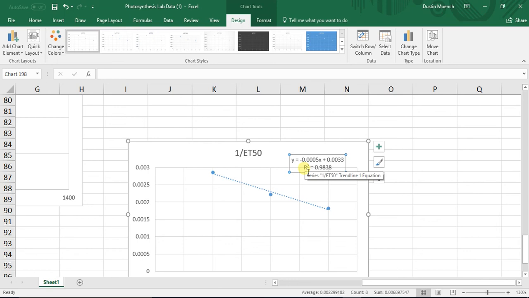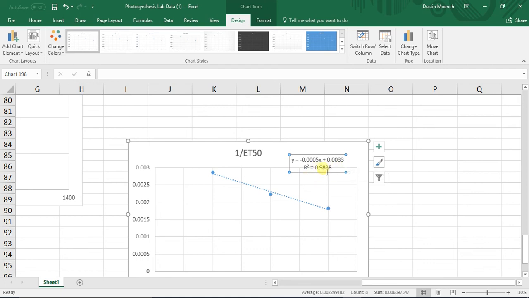And remember, this is the measure of correlation between your two variables, your light color independent variable and ET50, your dependent variable. And the closer this is to 1, the stronger the correlation, the more we can say statistically that those two things are related.